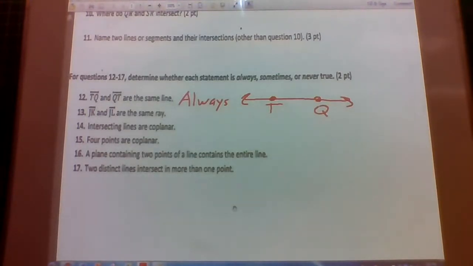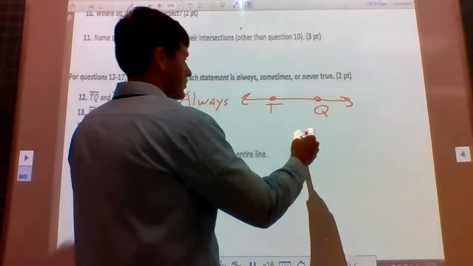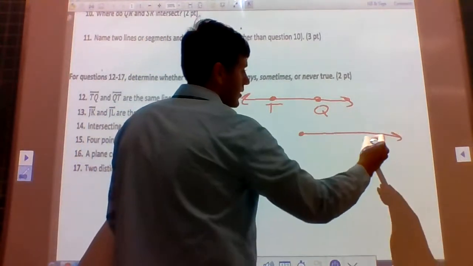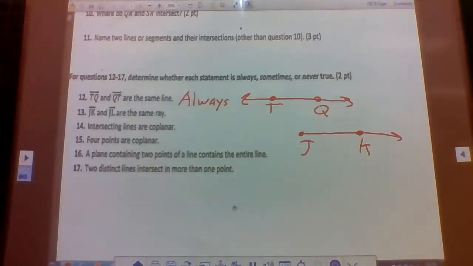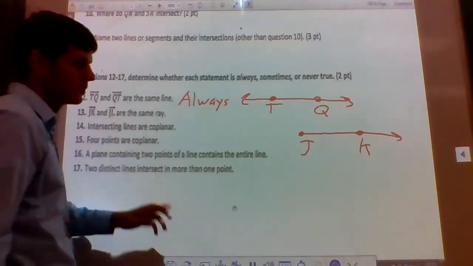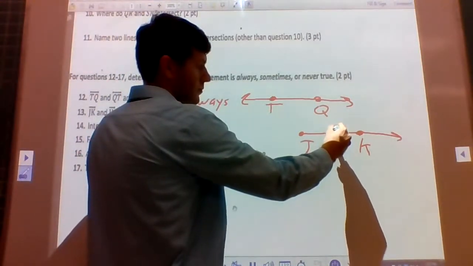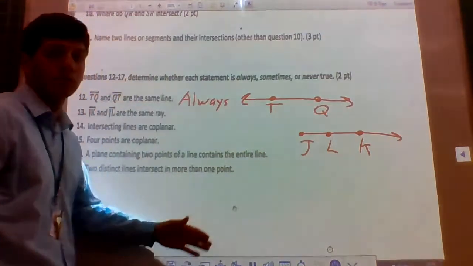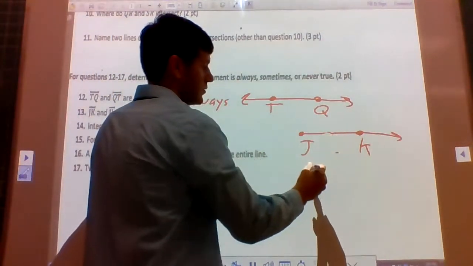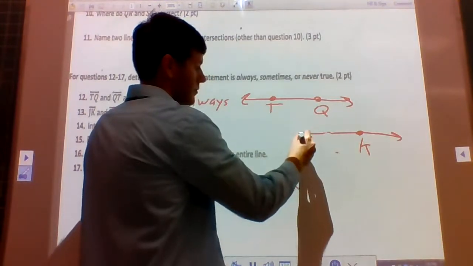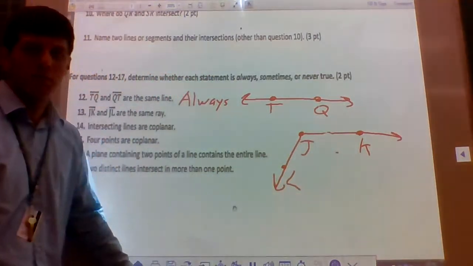Ray JK and ray JL are the same ray. So let's draw JK. So here's ray JK. Is it the same as ray JL? Well, we don't know where L is. Okay, if L is right here, then yes. If L is over here, then no, they are not the same ray.